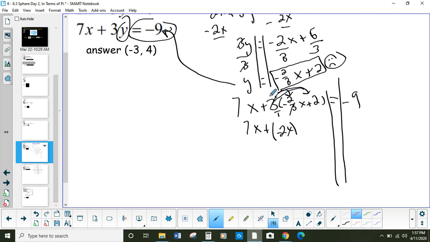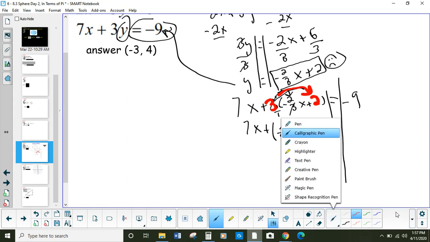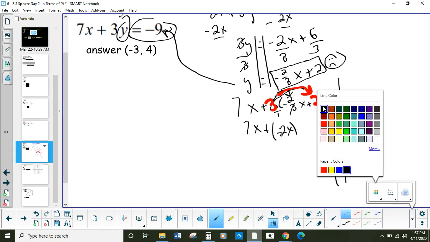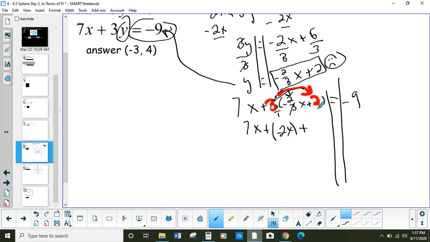You got to distribute this 3 into this 2 also right here. Okay, so over here, I'm not going to write a 2. I'm going to write 3 times 2, which is 6. So I combine my like terms. And then I continue to solve this equation.